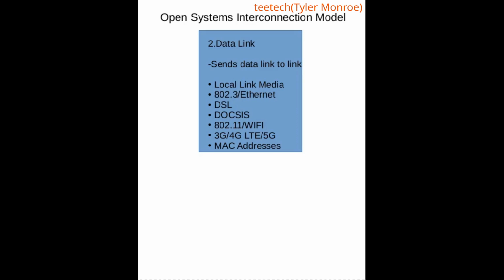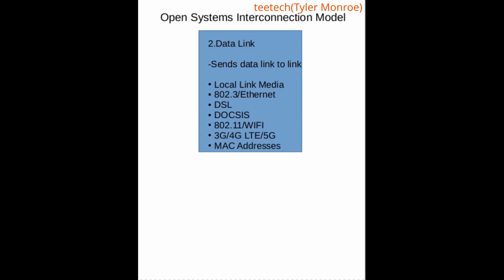There is DSL, or digital subscriber line. There is DOCSIS for your cable modems. There's 802.11, your Wi-Fi. We're all familiar with that. And there are also cellular methods. There's 3G, 4G, LTE, and newer ones like 5G that's coming out now.